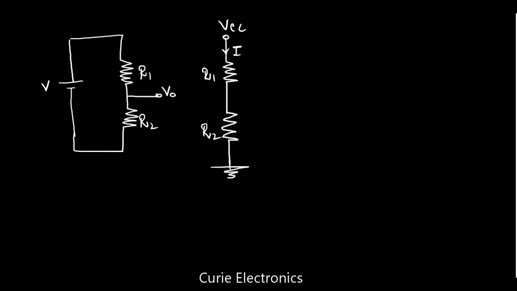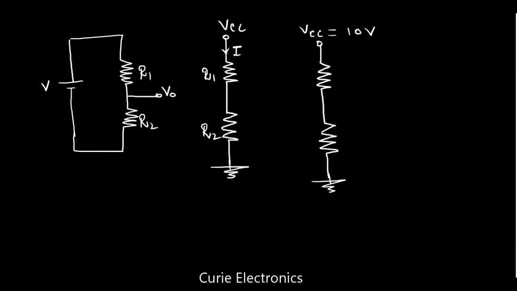Let us take another diagram. Let me draw it. We have two resistors and I am giving a V in or VCC. I'll write it VCC, VCC equal to 10 volt.